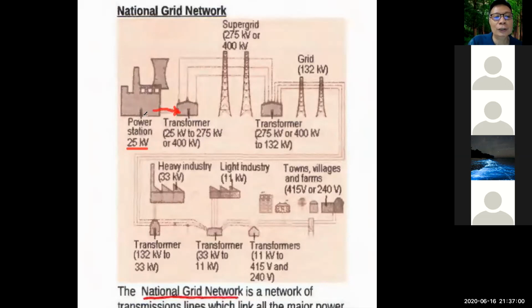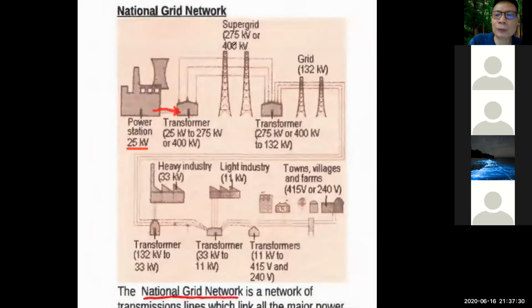From 25 kilo it is stepped up until 400 kilowatts. The wattage becomes very high. That means this transformer is the most important. It's very big, a huge transformer, because this transformer is able to step up 25,000 to 400,000.